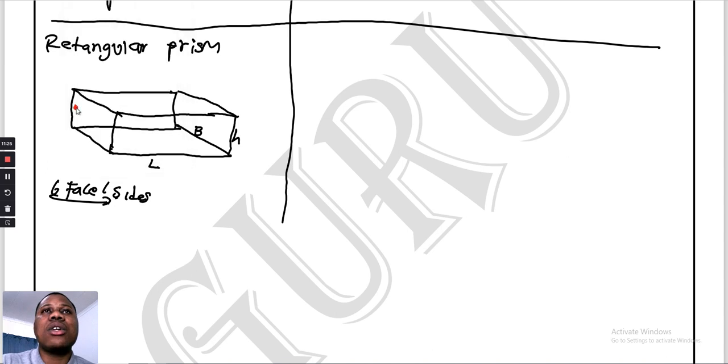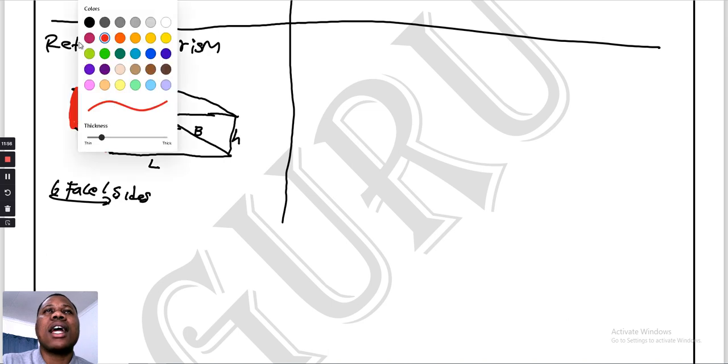This side that I'm painting here with red, okay, let me paint this one like this. And then let me choose another color, yellow.